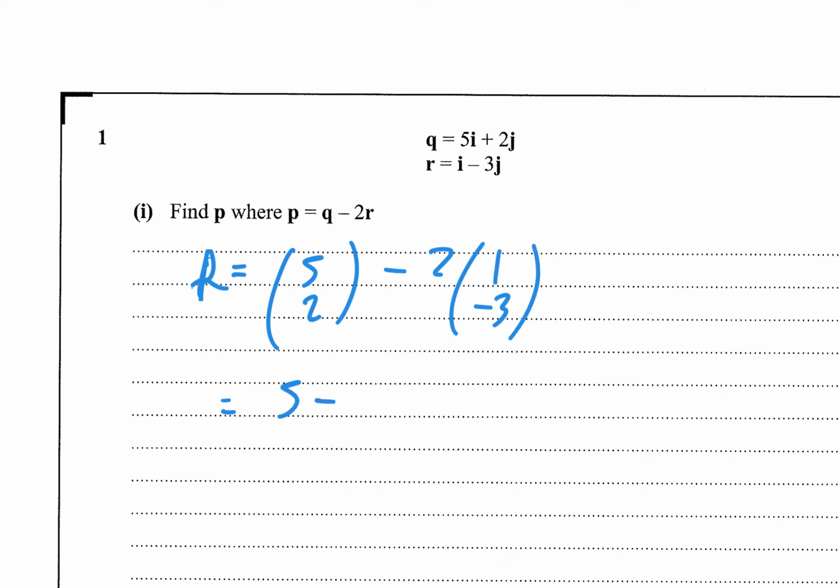So that's 5 minus 2, and then 2 minus -6, so that's plus 6. It works out to be (3, 8).